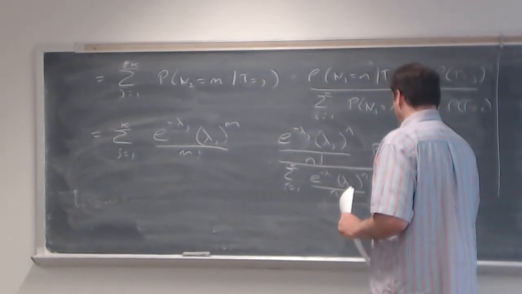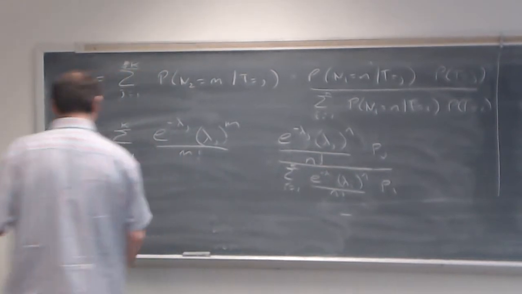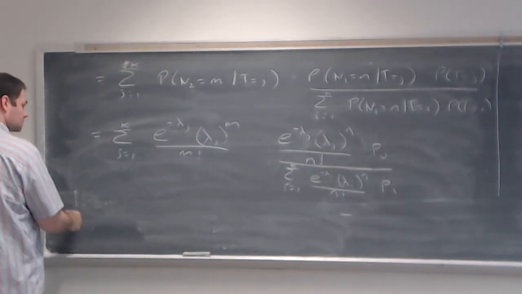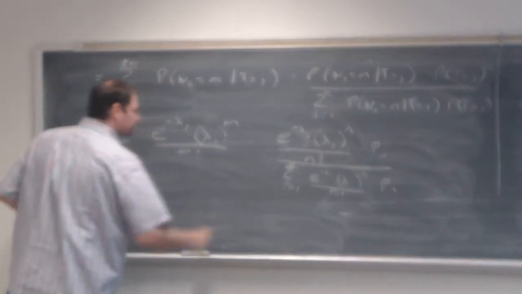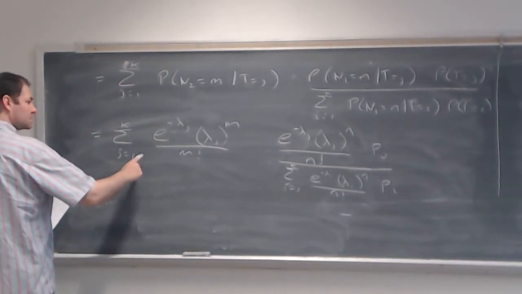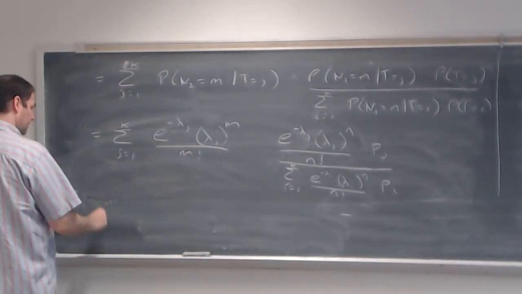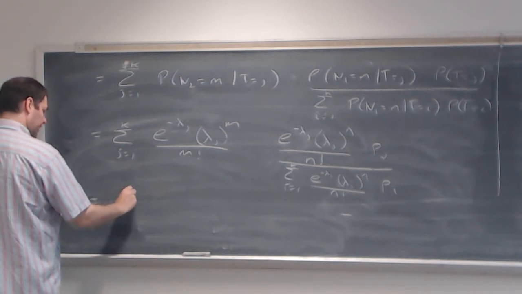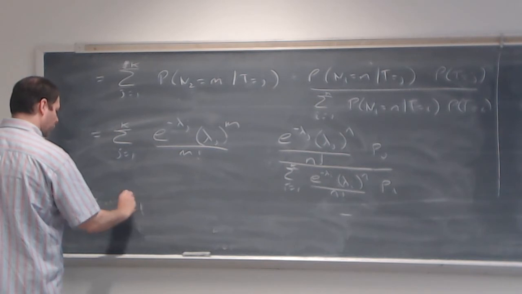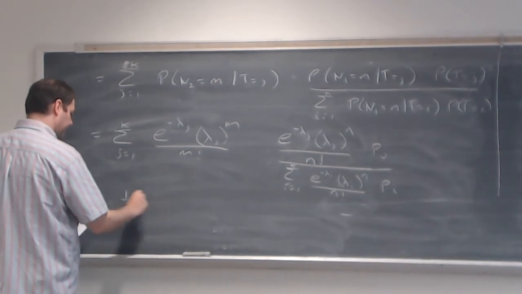And then this is p sub i. All right, and so this is a constant with respect to j. So I can combine these to get, if you will, a 1 over m factorial, which is what I see right there. I'll pull that out.